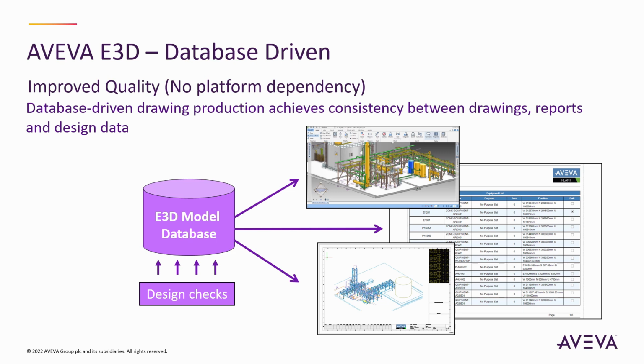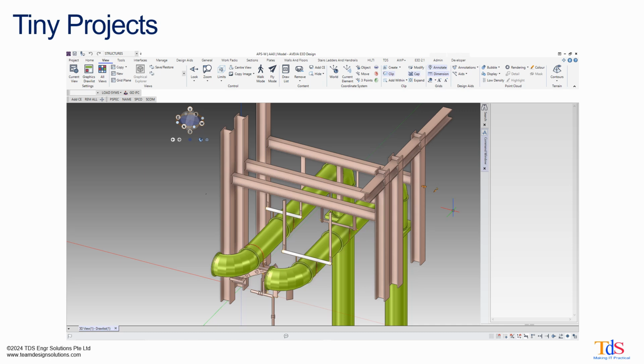Next, you might wonder what sort of projects E3D can be used for. We can have very simple tiny projects. For example, some piping if you want to create isometrics. E3D is not cheap, but if it's available, why not use it? Isogen is expensive for generating isometrics.